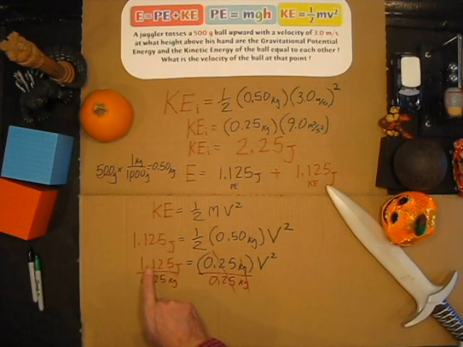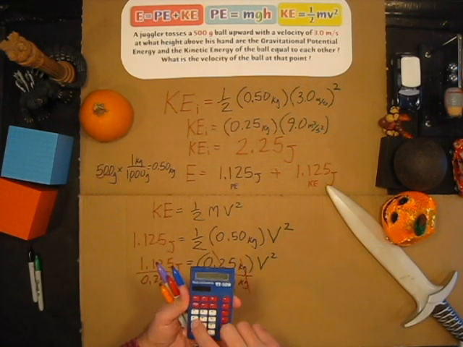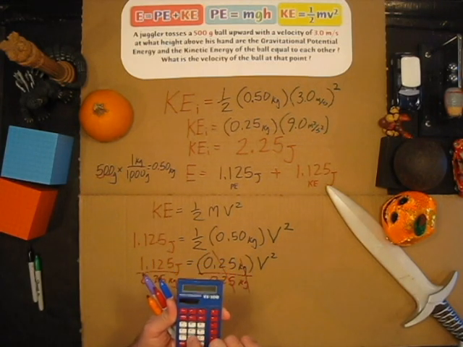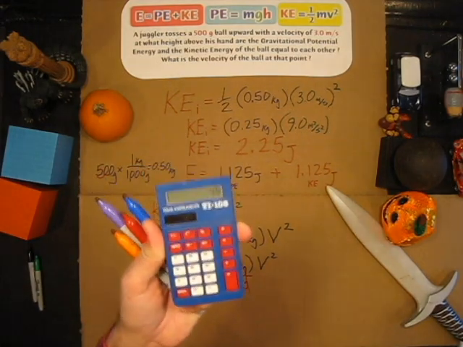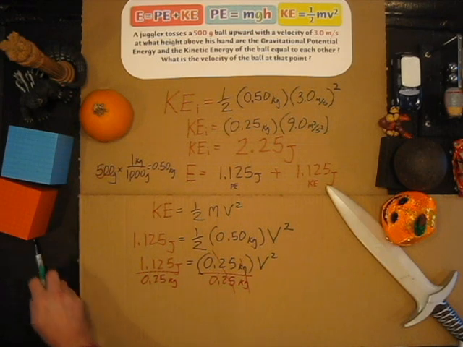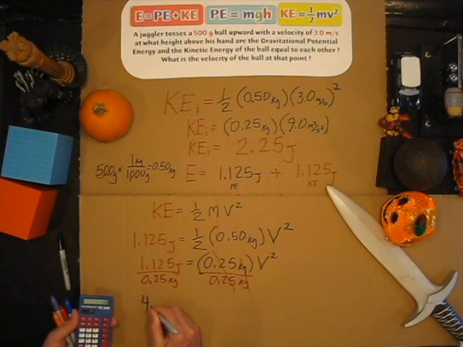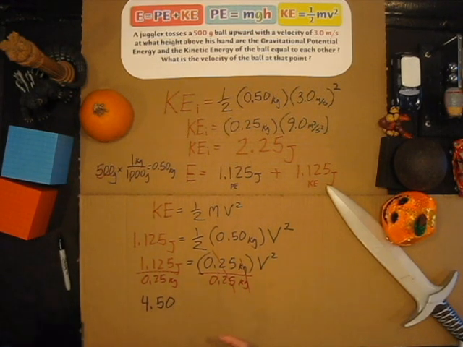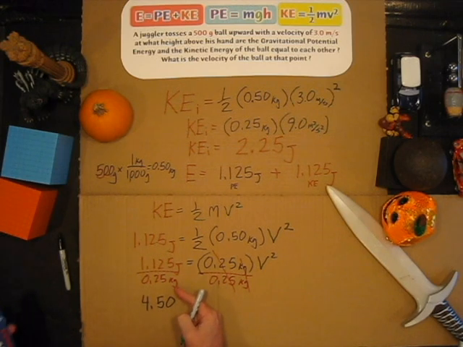So it's going to be 4 something. 1.125 divided by 0.25 equals 4.5. So 4.5 on this side, 4.50, and joules divided by kilograms?